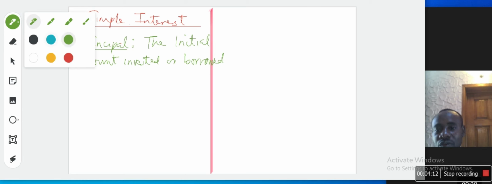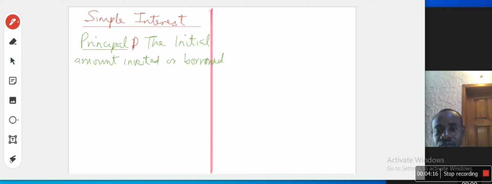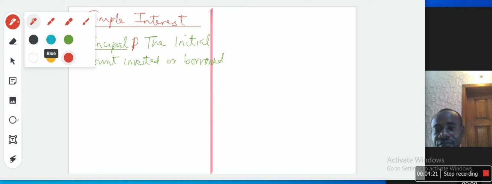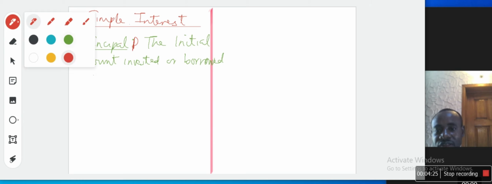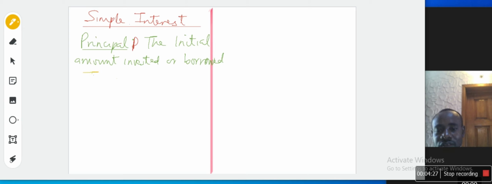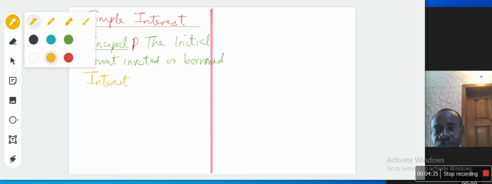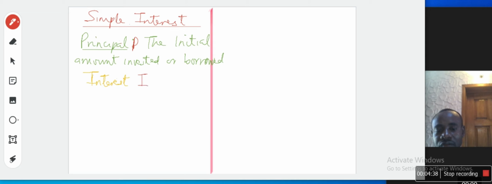We represent principal with the letter P. Are we concentrating? Then you have the interest. Interest is like the profit on that principal. Interest, I. So of course interest is the profit, or charge, as the case may be.